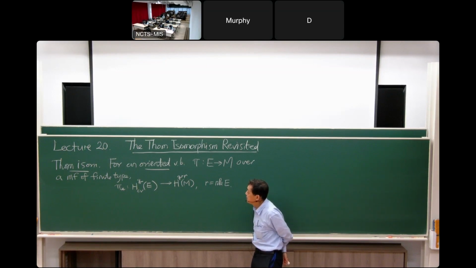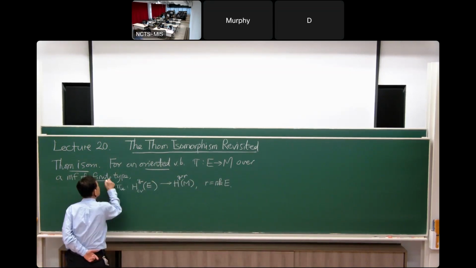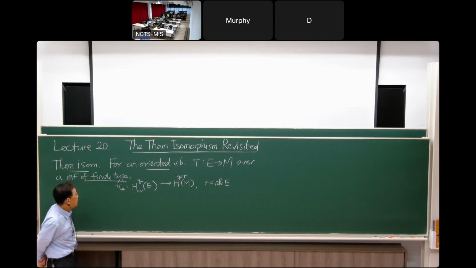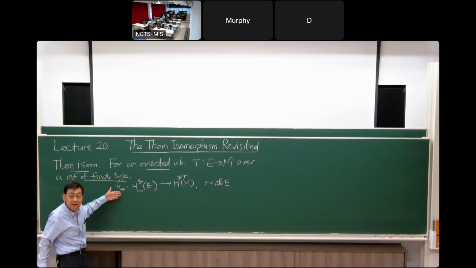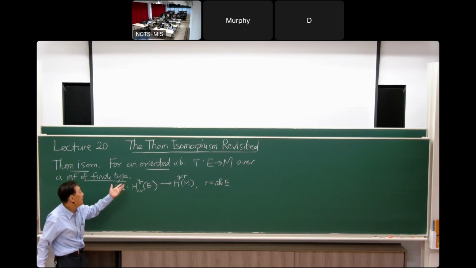And it assumes that the vector bundle is oriented and that the manifold is of finite type, because to integrate along the fiber, you need the fibers to be oriented. Okay?